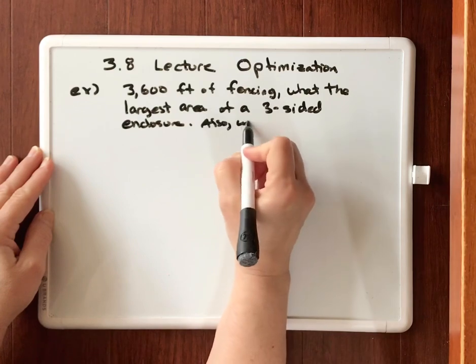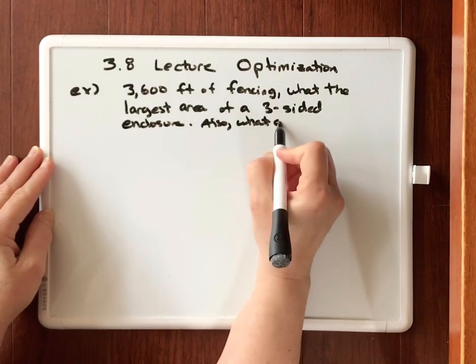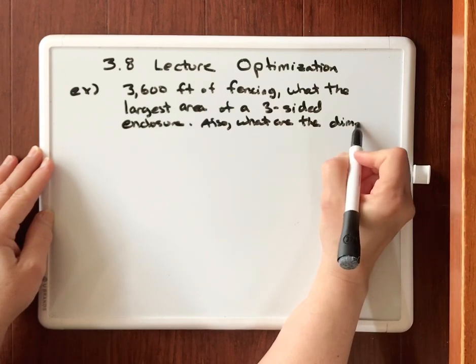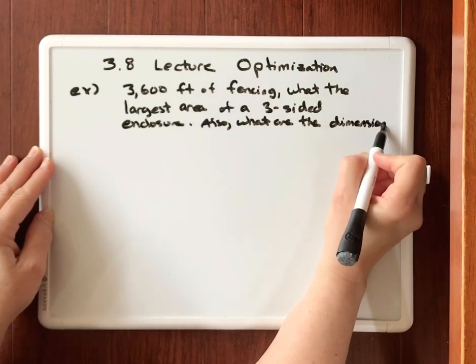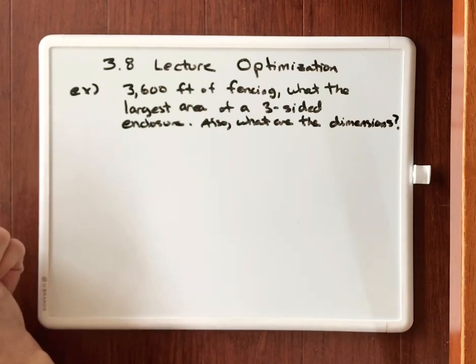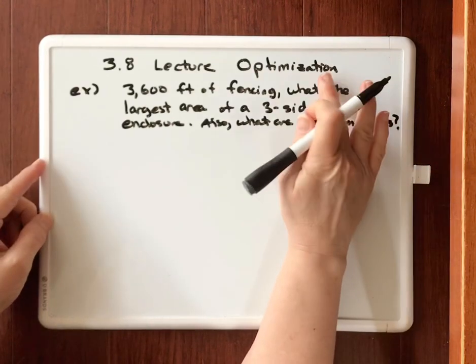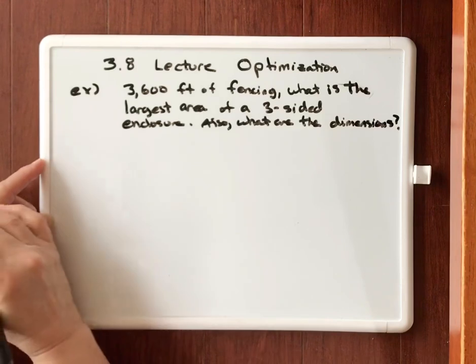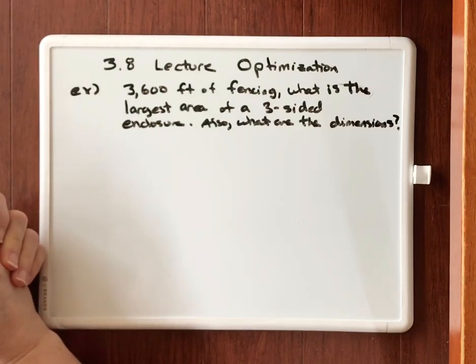Also, what are the dimensions? Okay, we have 3,600 foot of fencing. What is the largest area of a three-sided enclosure? Also, what are the dimensions?